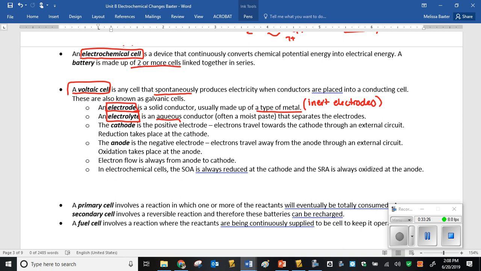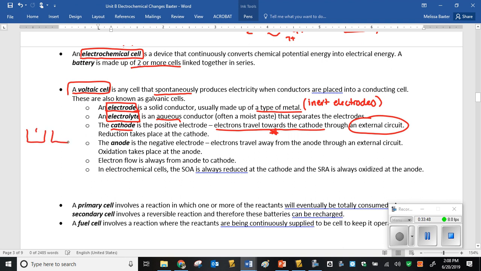There's the cathode, the positive electrode. Electrons travel toward the cathode always, all the time, even in the other kind of cell. Electrons always to the cathode. And the electrons go through an external circuit. So sometimes they'll give you pictures of a voltaic cell or an electrolytic cell with numbers on them.